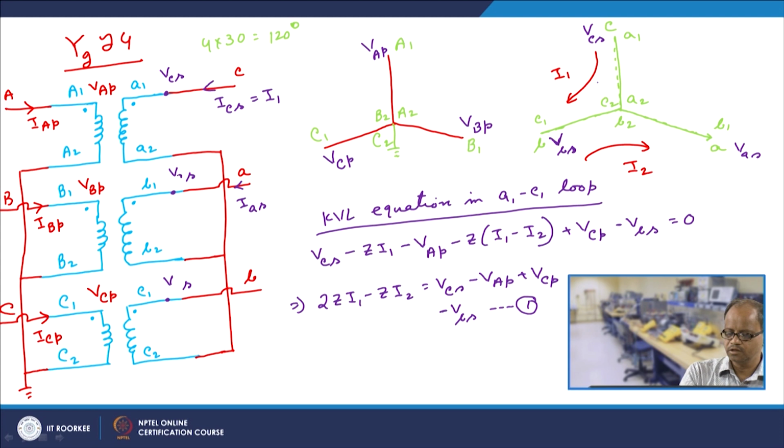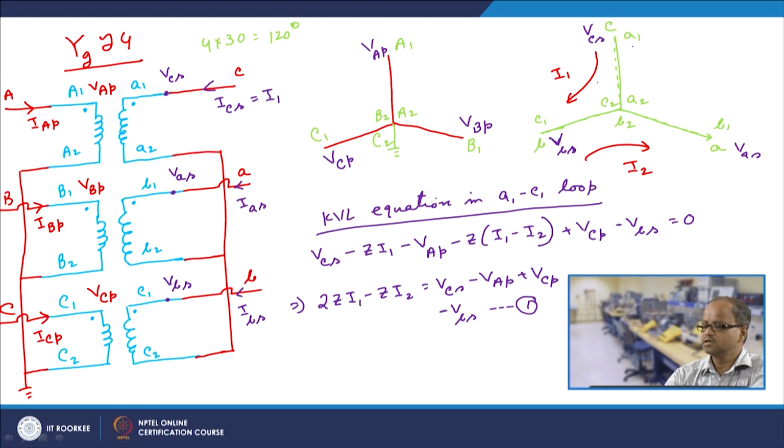Because this is phase B, this terminal is C1 but it is denoted as phase B, so the voltage would also be VBS. This terminal is B1, denoted as phase A, so the voltage is VAS and the current is IAS, and here this current is IBS.